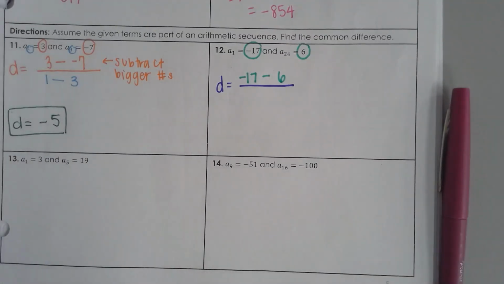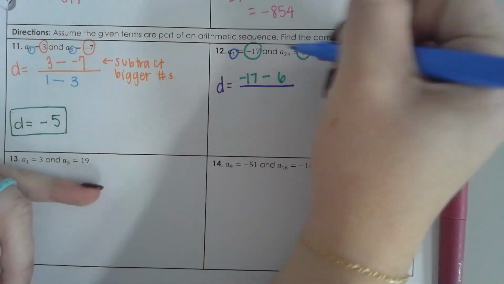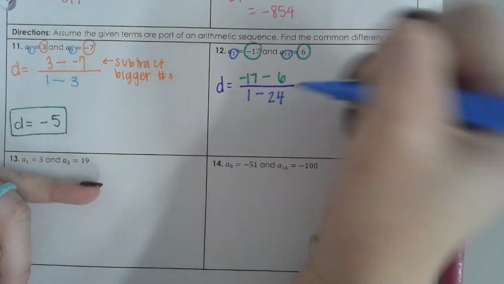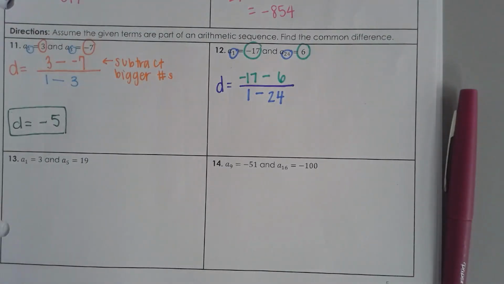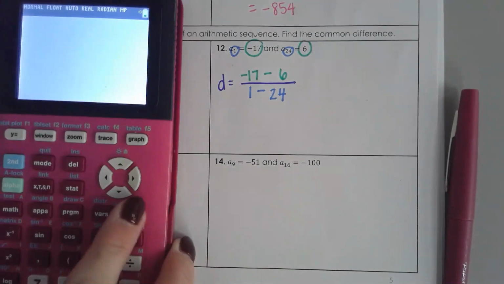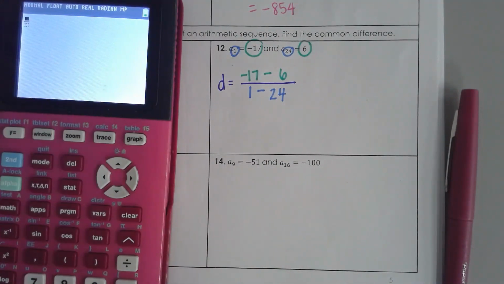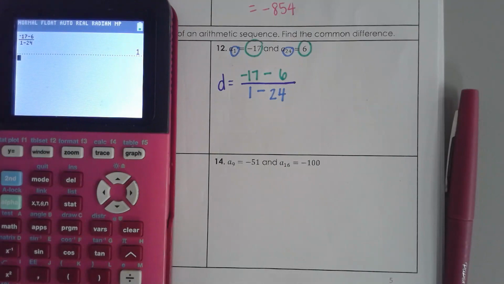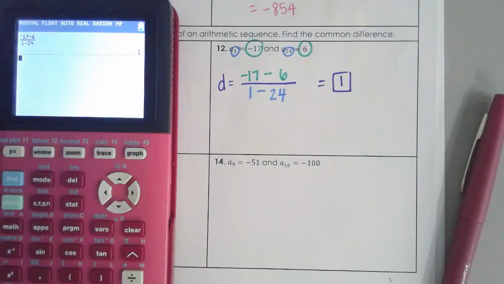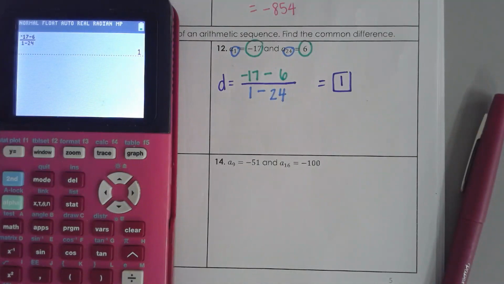And then on the bottom of the fraction, we're going to subtract these little numbers: 1 minus 24. And we get 1. So that just meant my numbers were going up by 1 every time.